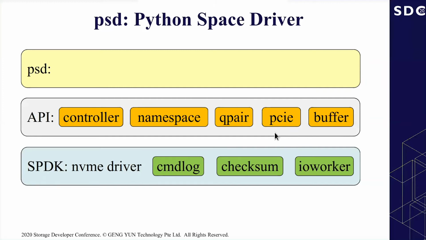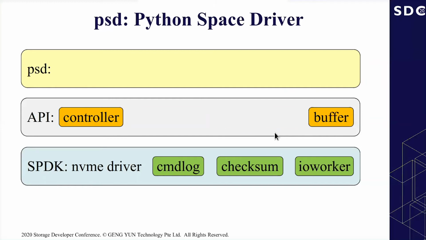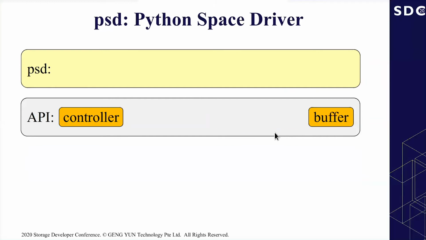The solution is to bypass SPDK. We introduced the Python space driver, PSD. PSD directly talks to NVMe devices through data structures located in the DMA buffer, which is accessed by class buffer.